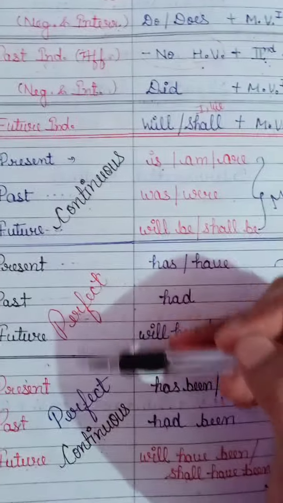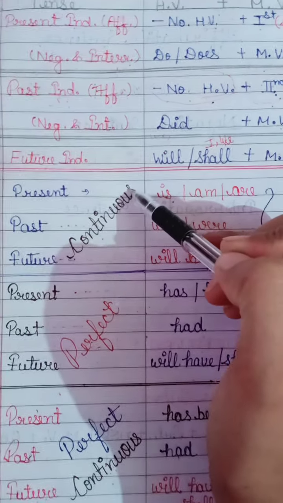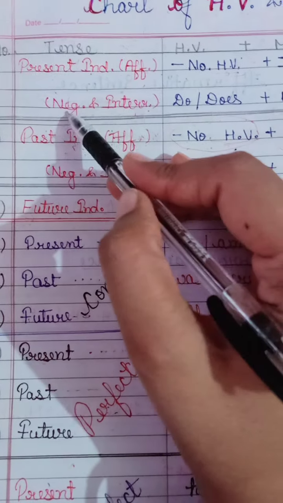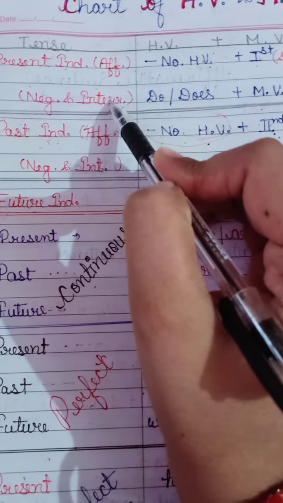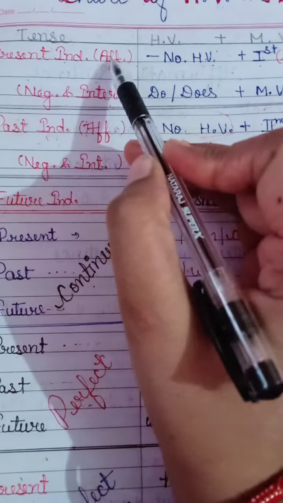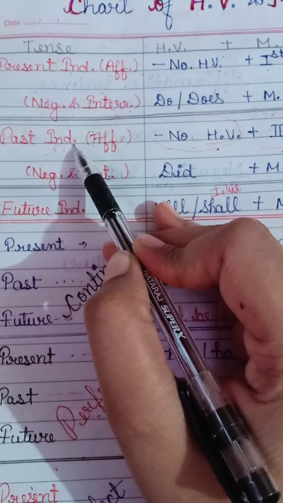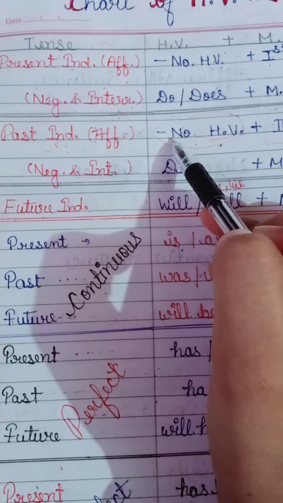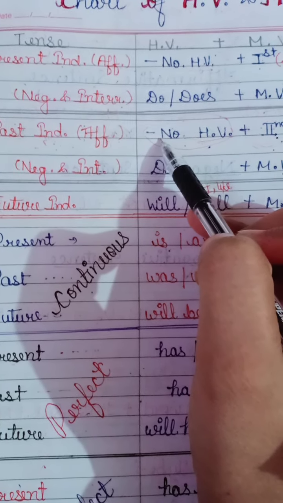In all these tenses we have not mentioned affirmative, negative and interrogative, but here we have written it separately. There is a reason behind it, because only two affirmatives, affirmative of present indefinite and affirmative of past indefinite, don't have any type of helping verb. That's why it is necessary to mention it separately.